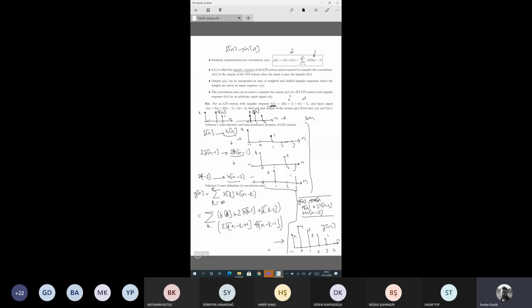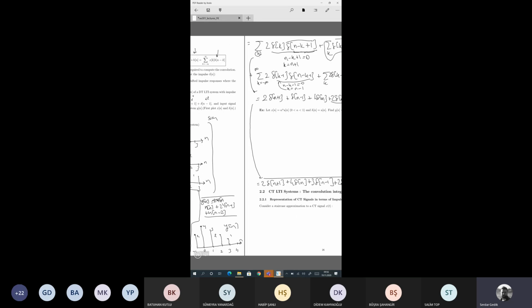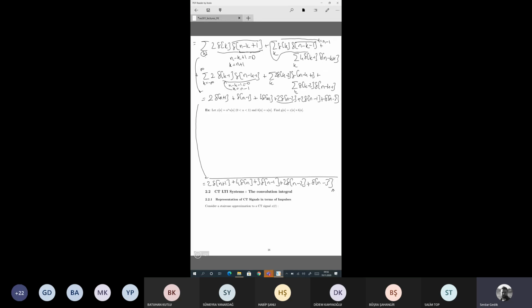In the first way, remember, I have done it using the graphical solution and used the properties of LTI systems. In the second one, I have used the closed form relationship, and in this closed form relationship, if you solve the terms, you have exactly the same result. So you can use whichever you prefer.